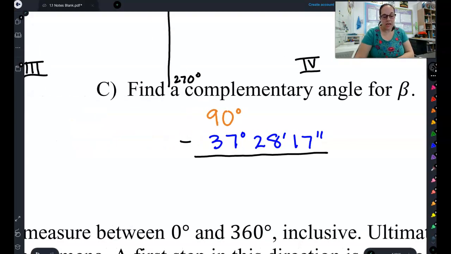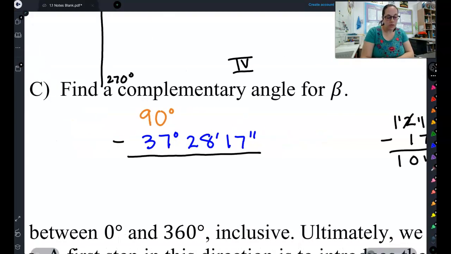Same thing here. What I'm going to do is I'm going to borrow 1 degree. So I'm going to change this to an 89, borrow 1, and I'm going to turn that into 60 minutes. Because I know that 1 degree is 60 minutes.